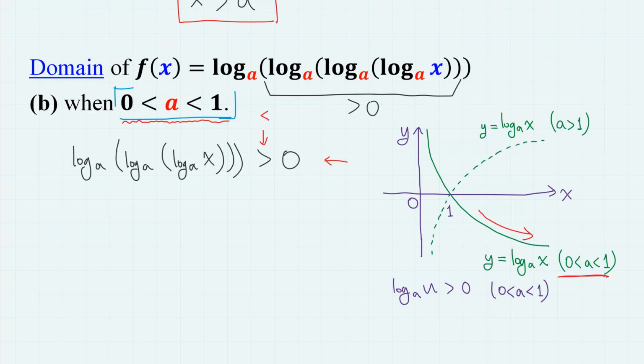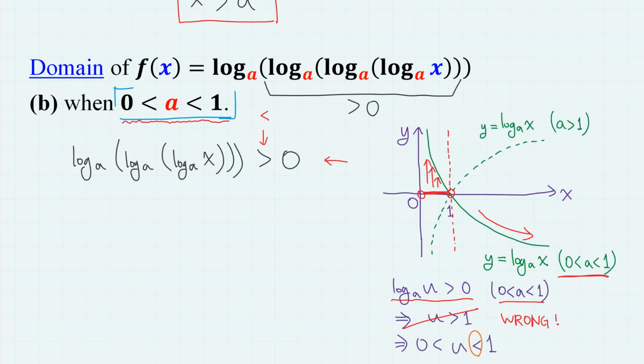For example, if we have log base a of u is greater than 0 type of inequality, but when a is in between 0 and 1, this does not give u is greater than 1, because from the graph it is evident that the correct answer is u is greater than 0 and less than 1.